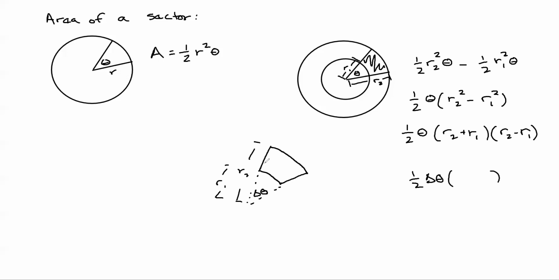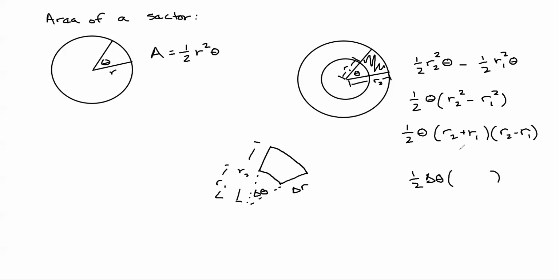That seems like a distance we should have labeled, so let's call that change in R. That way, as the number of little pieces increases, we can make change in R smaller and smaller, and it would make a thinner piece going this way. So we've got change in theta, how wide it is on this side, and change in R, how wide it is this way.